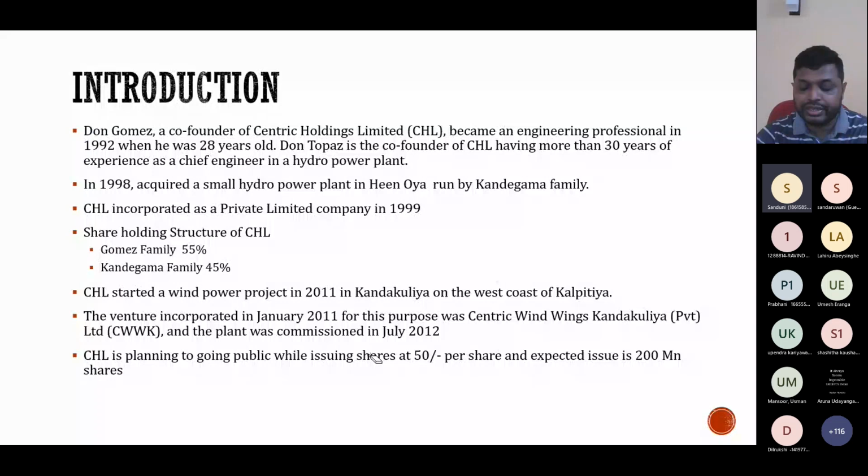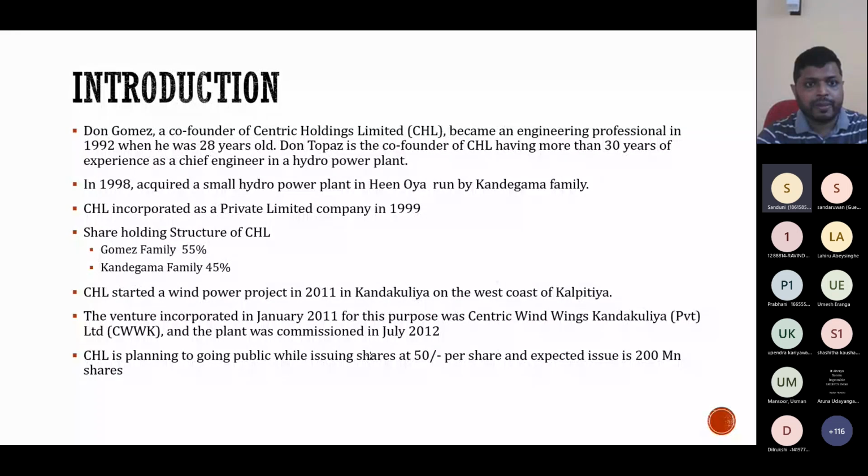Thereafter, they have established another project. I'm summarizing the content. Next one was the joint venture company, Shining Grace. Shining Grace is a solar power project, again a renewable energy project.